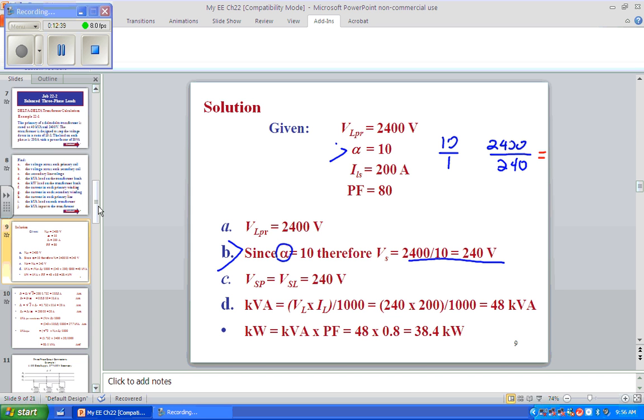I know this is kind of an inconvenient place, but the number of windings in the primary over the number in the secondary is equal to the voltage in the primary over the voltage in the secondary, equal to the current in the secondary over the current in the primary. I don't like the way that it was written in that other slide anyway, so I'm glad we got a chance to write this. So we have 10 to 1 here. We have 10 to 1 here.